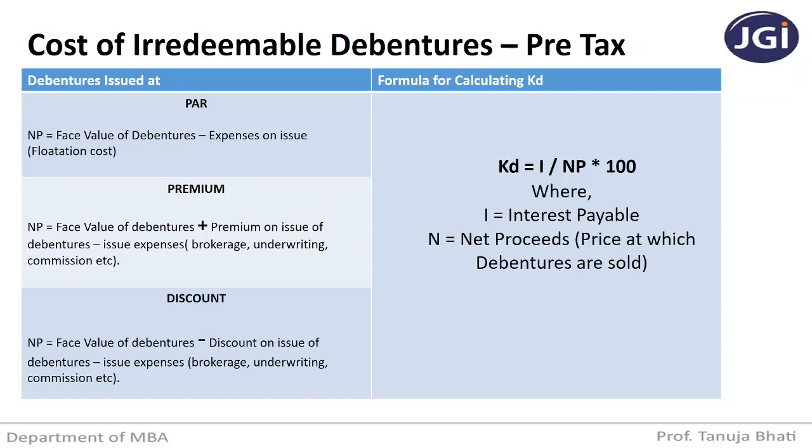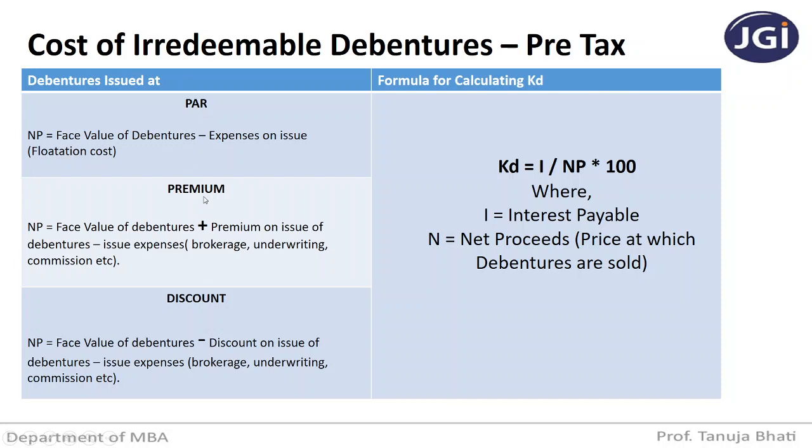If it was gross proceeds, it would just be the face value of debentures. Now it is net proceeds. Net proceeds means the face value of debentures minus the expenses on issue, which is also called flotation cost. So we get the net proceeds in case where the debentures are issued at par.